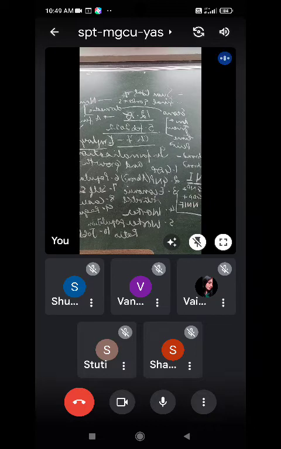Stuti, example. Yes, architect is the one who designs the house. Okay, that's Shambhavi.